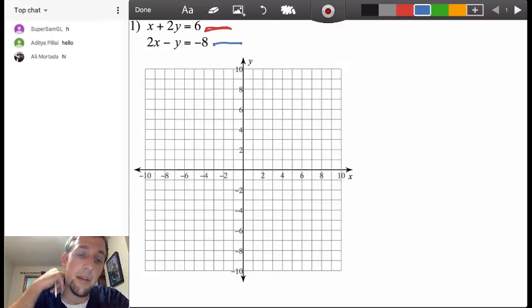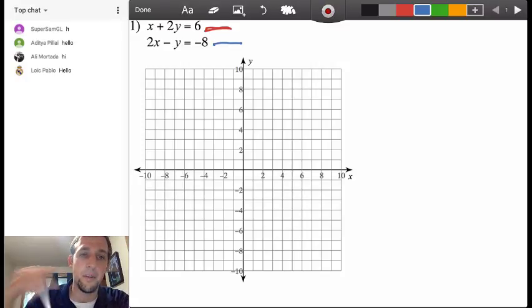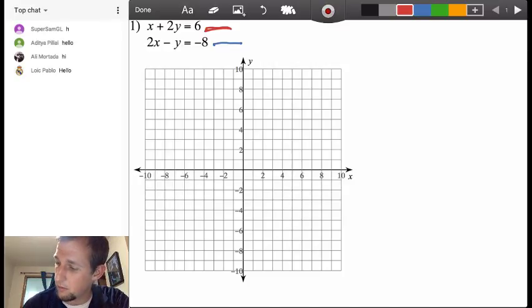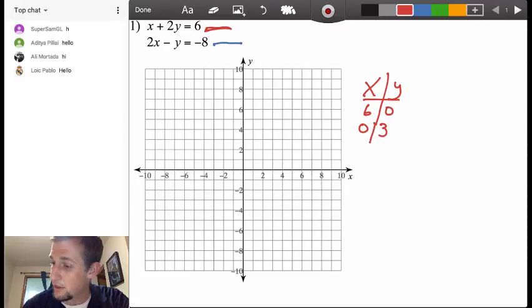How you do the graphing, guys, is entirely up to you, and it depends on the equation that you have. I'm not going to tell you explicitly how to graph, but we did just look at graphing a couple days ago. So really quickly, I'm going to do these by making a table. For the red one, make an XY table, and I'm just going to start putting in values that make it true. So I get 6 and 0 works, 0 and 3 works, 4 and 1 works.